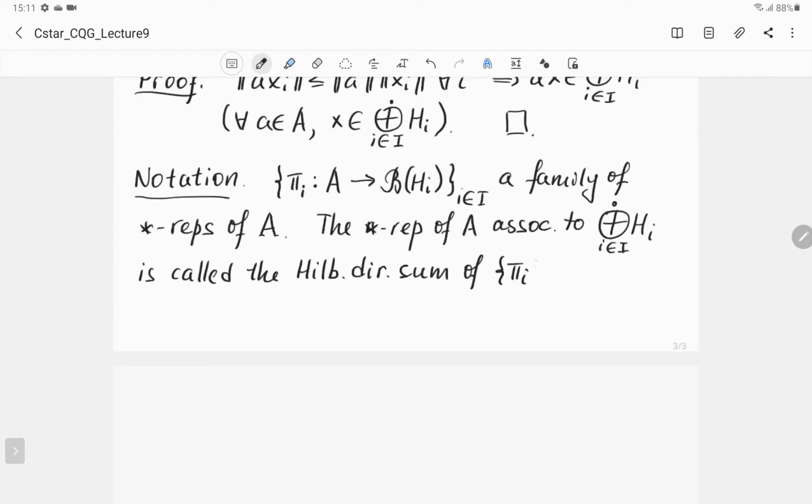The Hilbert direct sum of our family. And it is denoted as follows, by the same symbol of direct sum with a dot here.